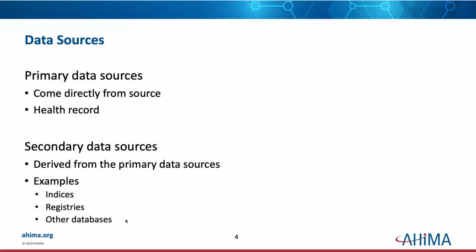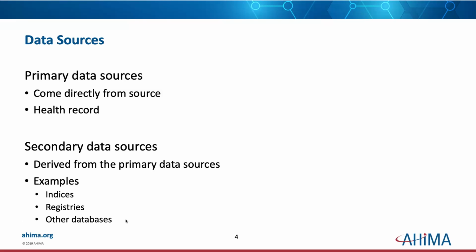What are some primary data sources? They are the health record, or they come directly from the source. Secondary data sources are not the health record, and they do not come directly from the source. They are derived from that primary data.